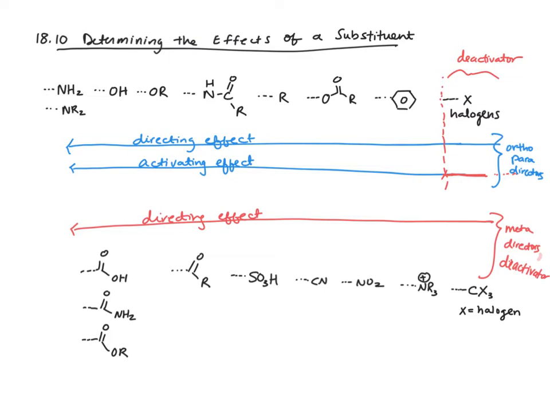So become familiar with these groups, because that will help you when you're functionalizing benzene rings to know whether to put something ortho, meta, or para, and also whether forceful conditions are needed for a transformation to occur, or if it will occur at all.